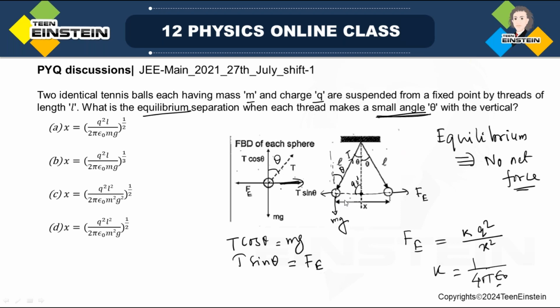Okay, then only you will reach the equilibrium situation. Okay, when there will be no net force. Okay, so you can see from here we have got this answer. Okay, this x is equal to q square L divided by 2 pi epsilon naught mg whole to the power 1/3. Okay, so this is the answer.